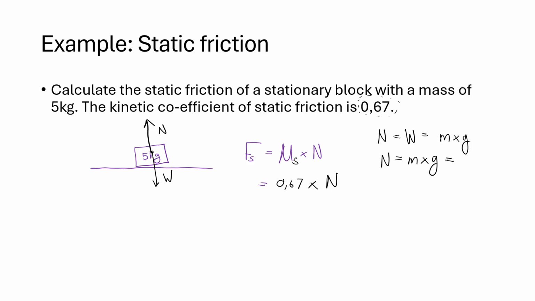Let's substitute our values in there. So it's 5 kilograms multiplied by 9.8 meters per second squared. And what does that give us? That gives us 49 newtons. We now replace the 49 newtons in our formula with 0.67 multiplied by 49 newtons. And what do we get? Just get the calculator out quickly.